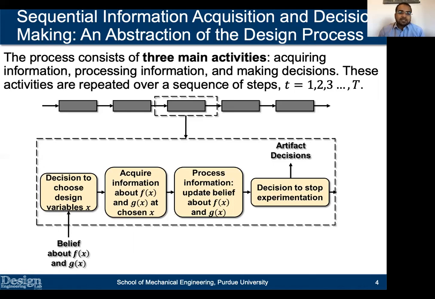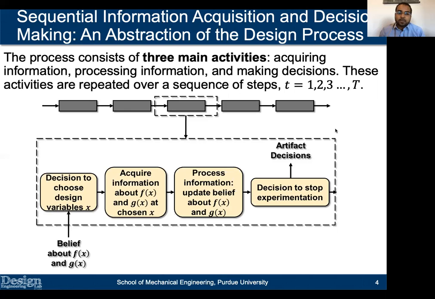In the experiment, it's simply one click, but it's abstracting a real design scenario where designers conduct simulations, prototypes, and so on. Based on the experiment, they receive information about how well the objective is achieved and whether the constraint is satisfied. That helps them decide whether they want to continue to acquire information and continue these activities, or whether they want to stop this process.